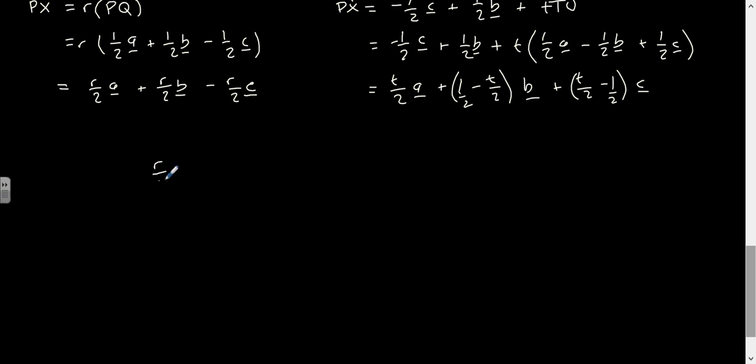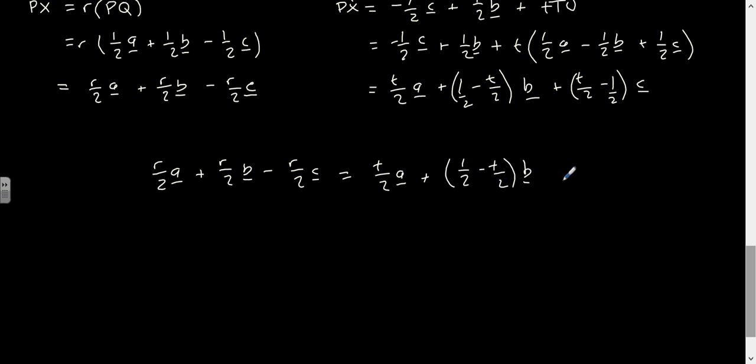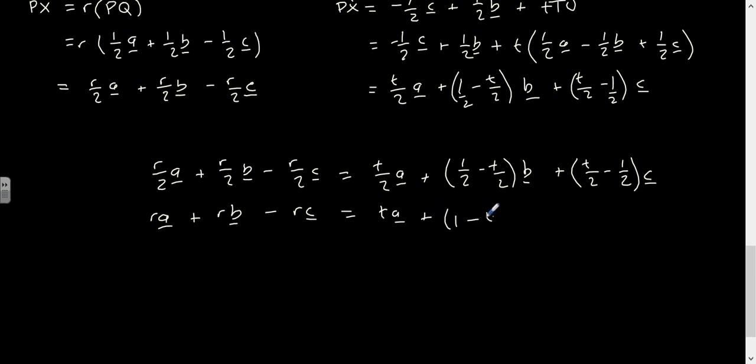So R over 2 A plus R over 2 B minus R over 2 C equals t over 2 A plus 1 minus t over 2 B plus t minus 1 over 2 C. Again, we'll multiply everything by 2 to get rid of all these halves. We get RA plus RB minus RC equals tA plus (1 minus t)B plus (t minus 1)C.